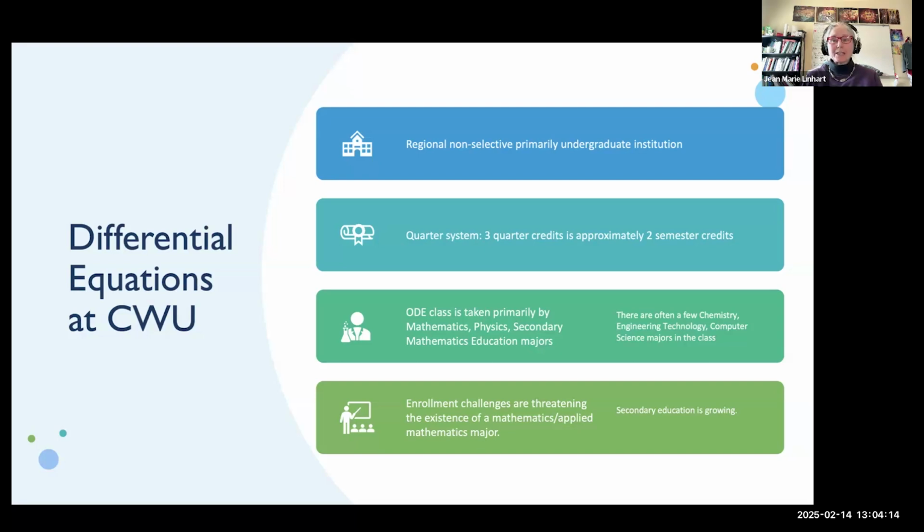Our differential equations class was probably created with the thought of math majors in mind, but at this point, it's primarily taken also by physics majors. There are a lot of physics majors in the class and secondary mathematics education. So that's our future high school teachers. And to be honest with you, we're suffering with enrollment like everywhere else in the country is. Our theoretical math major is gone, and the applied math major is holding on by a thread right now.